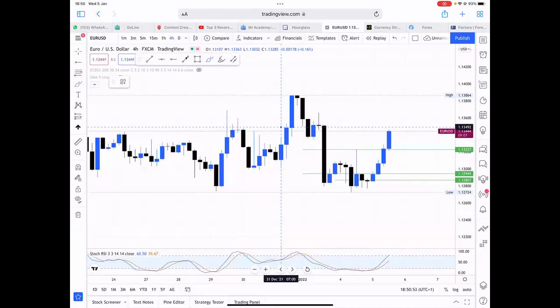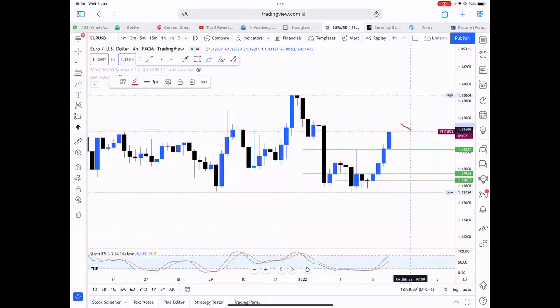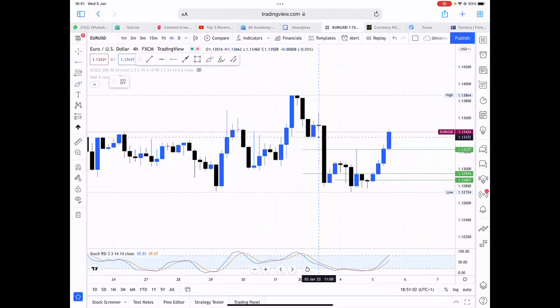The same thing you did on the daily, but now on the 4 hours, you are picking only the highest wick of the previous candle.